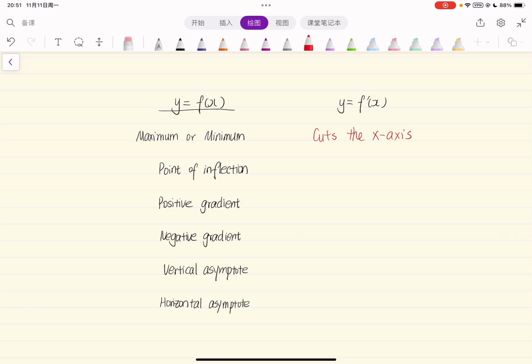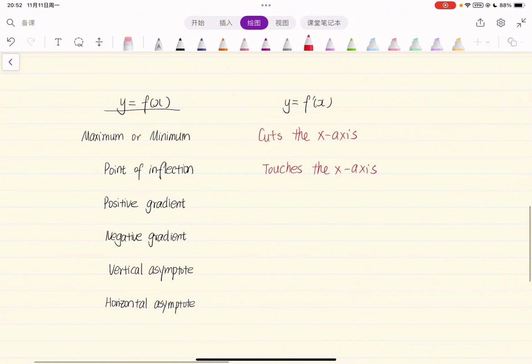And for the point of inflection, it touches the x-axis. Remember that the gradient on the other side of the point of inflection should be the same, whether negative, negative, or positive, positive. So it touches the x-axis, not cuts the x-axis.